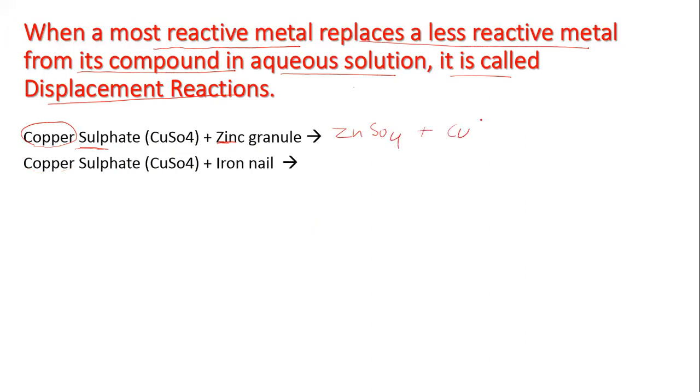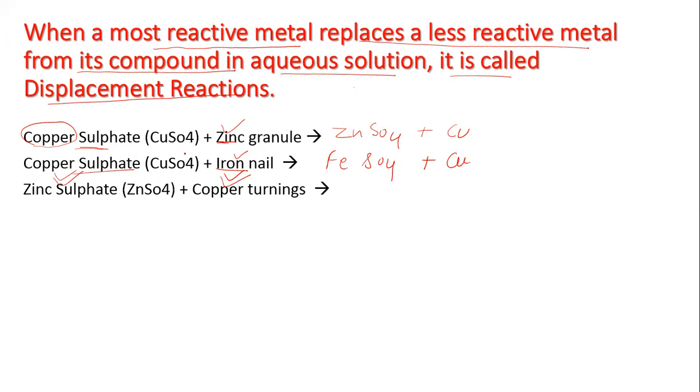Clear? Next is copper sulfate plus iron. Here again iron is more reactive than copper, so iron will replace copper from its compound. Instead of copper sulfate, it will be iron sulfate, so it will be FeSO4 plus copper. Both zinc and iron are more reactive than copper.